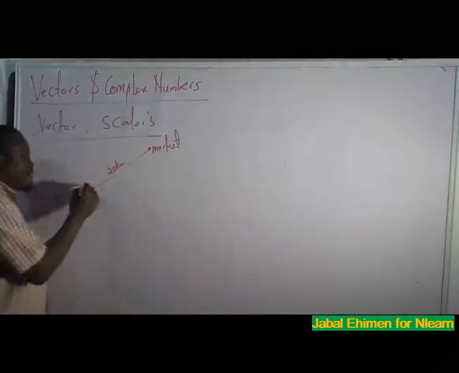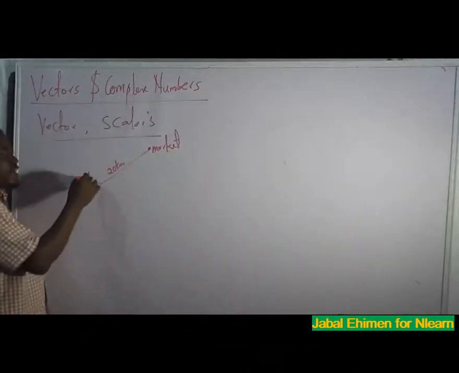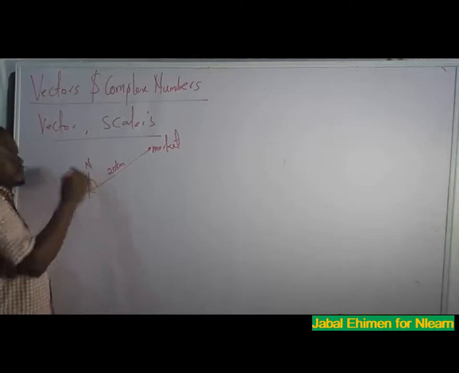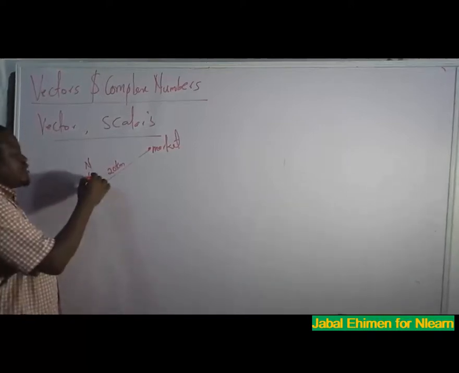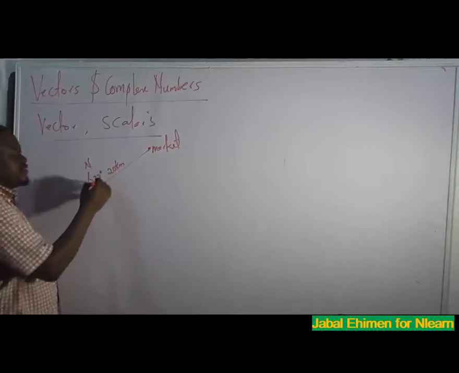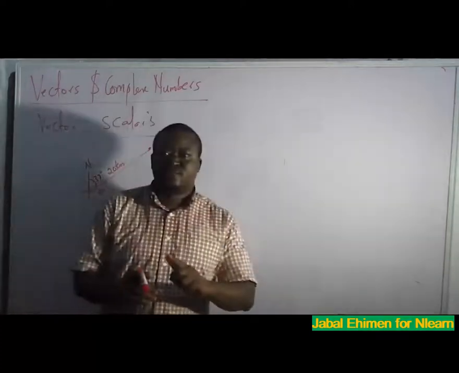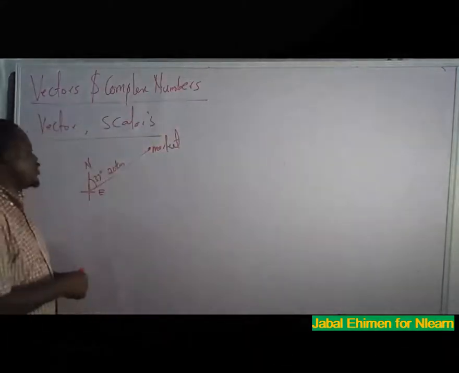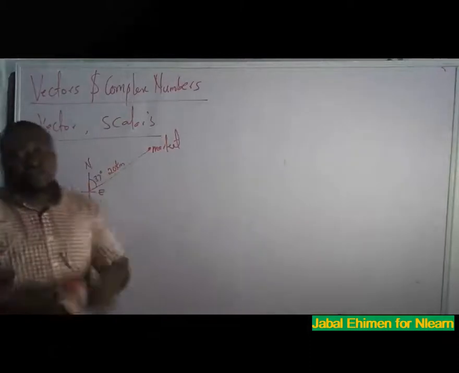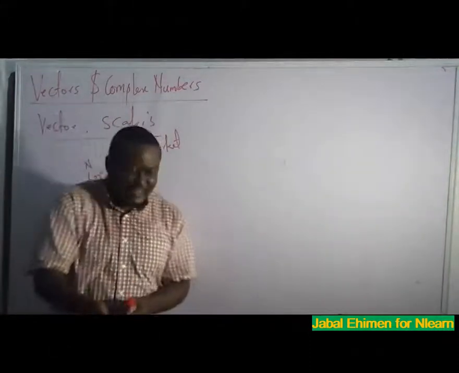But by the time I measure this distance and I consider the north-east direction, with respect to maybe 37 degrees, I've added something to it now. Not just 20 kilometers, but 20 kilometers at 37 degrees east.